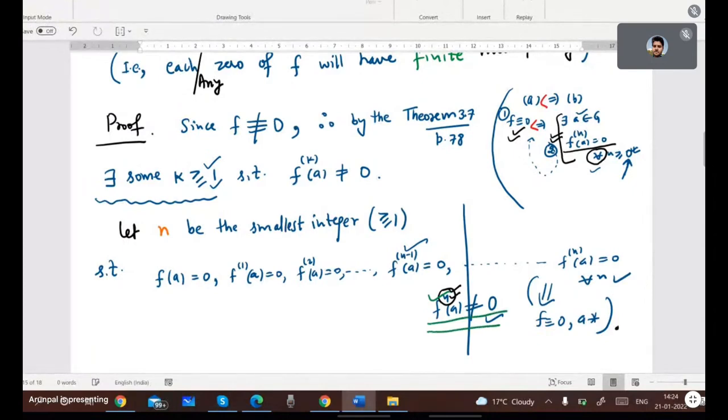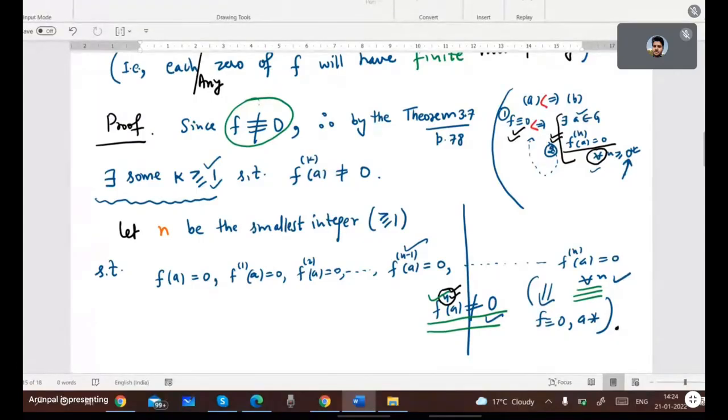Because if it is zero on and on, then that will amount to saying that f is identically equal to zero in view of the theorem, which is a contradiction to the given fact. Is this okay? Yes, sir, sorted. Good.